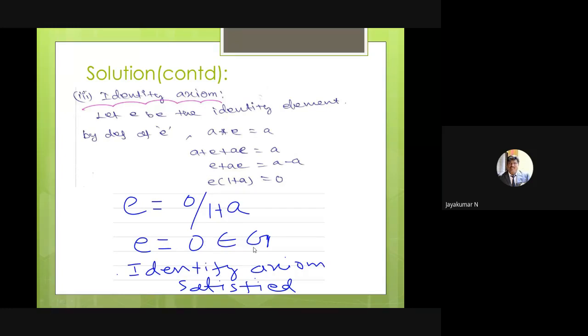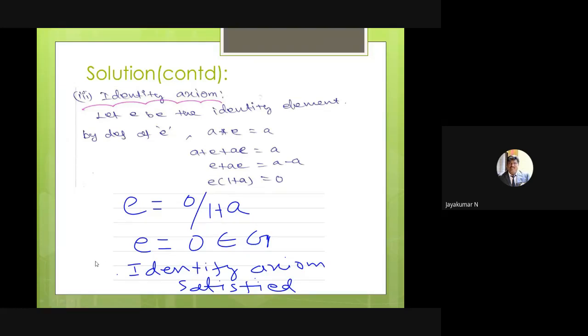So 0 belongs to G because G does not have only the element minus 1. So E is 0 which is not equal to minus 1. Therefore, E equal to 0 belongs to G. Identity axiom is satisfied.